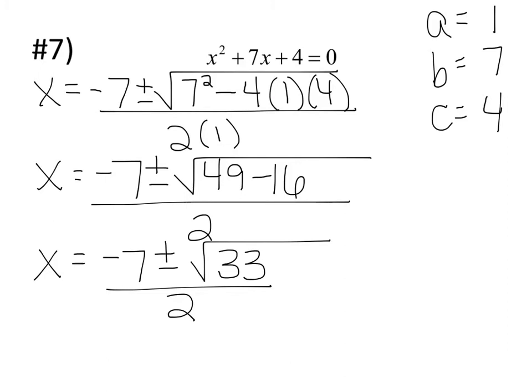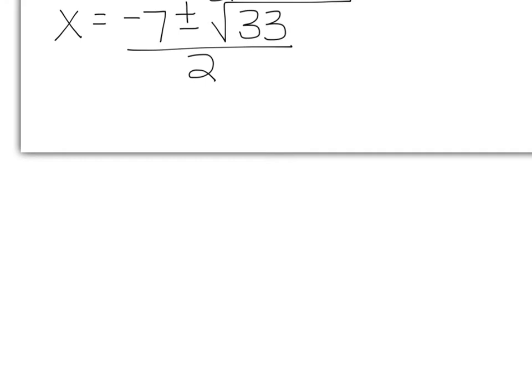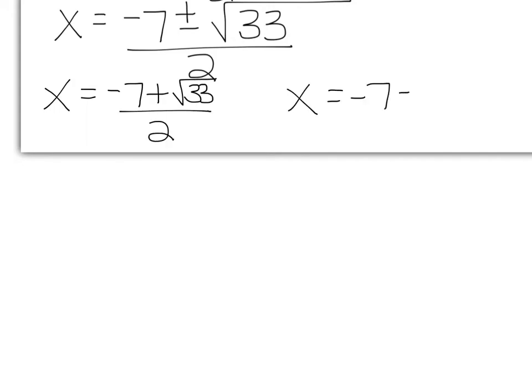All right, this is our first example where it's not a perfect square, which is totally fine. We cannot simplify the square root of 33. So you're just going to break this up into two answers. Negative 7 plus the square root of 33 over 2, and negative 7 minus the square root of 33 over 2, and that's your solution set.